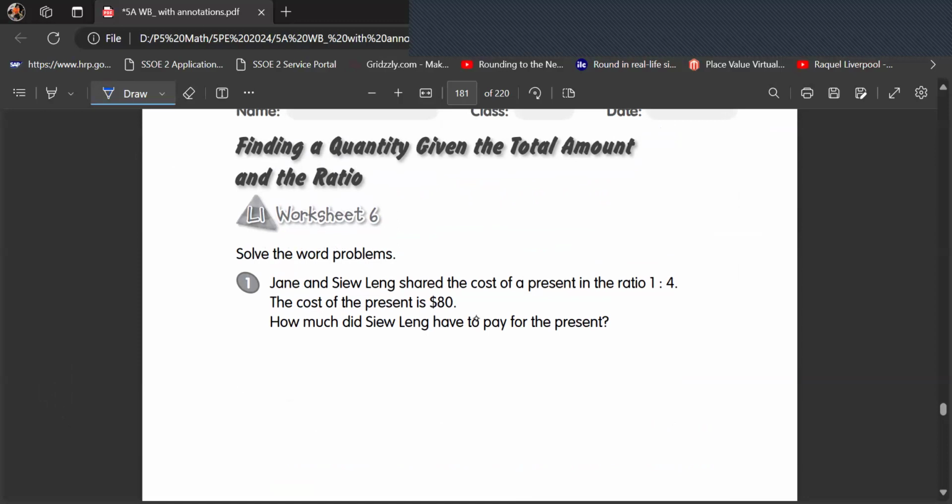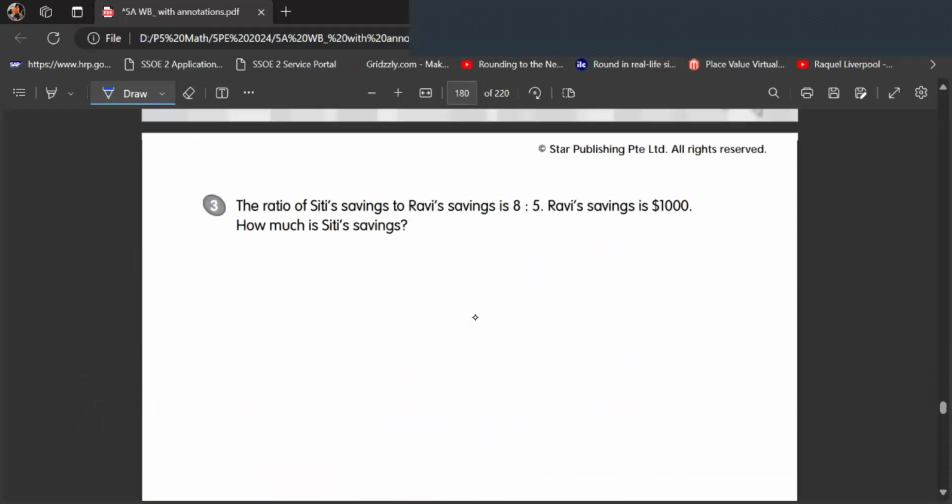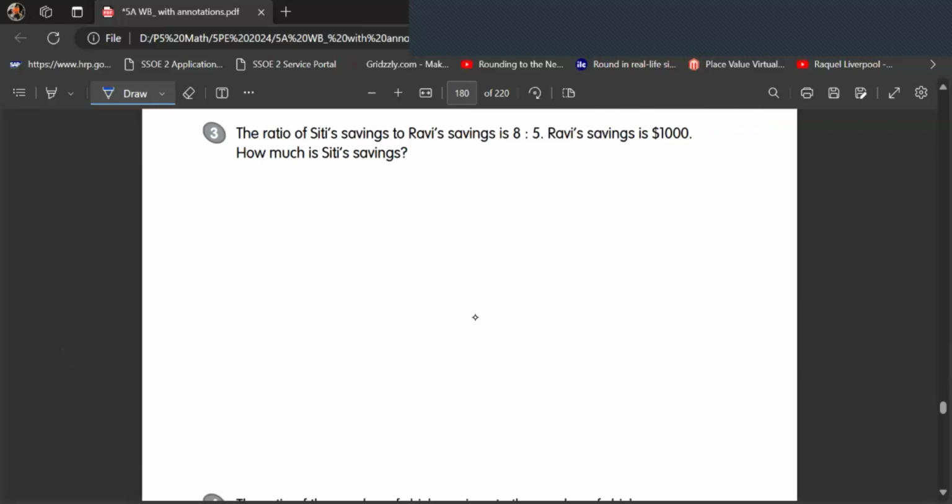Then you realize the calculator may come in. Okay, so this is question 3. I honestly think this one is still quite manageable. Siti to Ravi is 8:5.